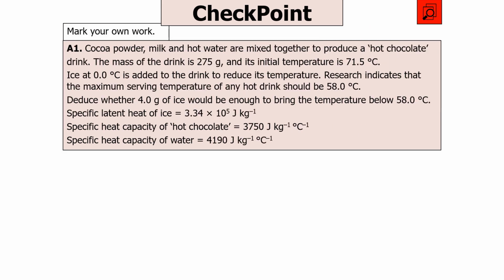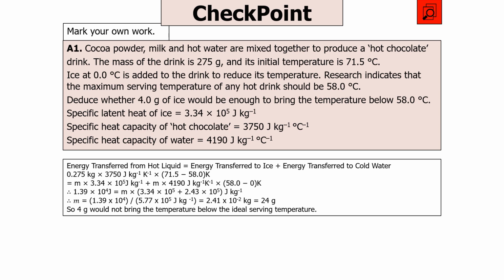Right, in this question we can say that the energy transferred from the hot liquid is the energy transferred to the ice plus the energy transferred to the cold water. So we can say that E is going to equal mc change in temperature, so 0.275 times 3,750 times 71.5 minus 58, which will equal those two other energies, so m times L plus m times c times change in temperature.